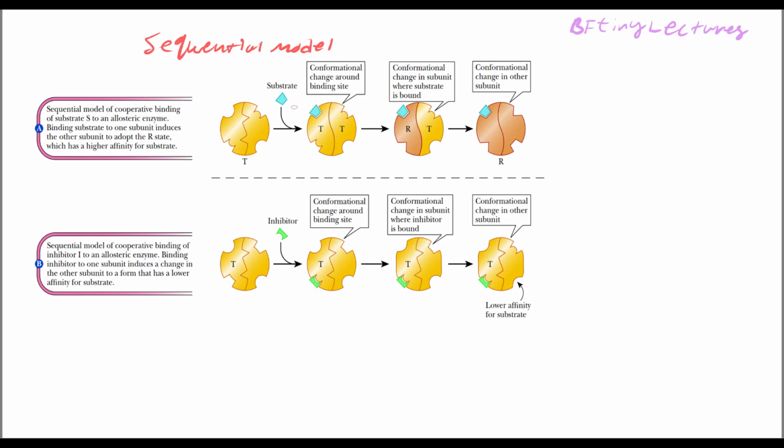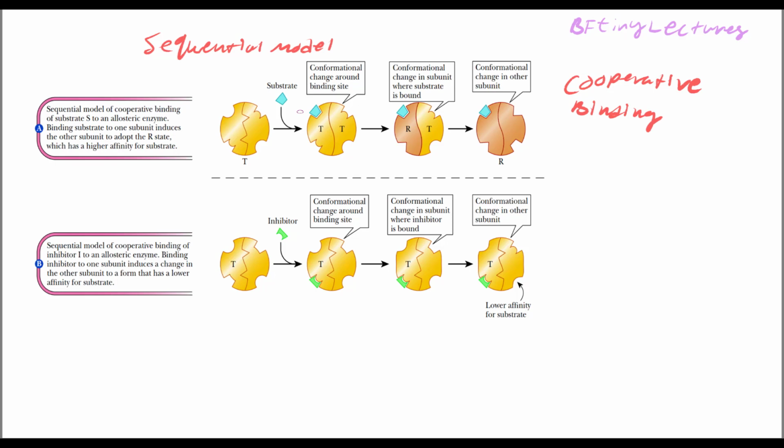Now when the substrate connects to half of the subunit, it becomes an R state. And then the R state kind of convinces the T portion of the enzyme to become R as well. This is called cooperative binding. So let's go over it again.